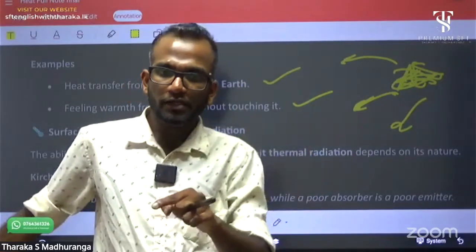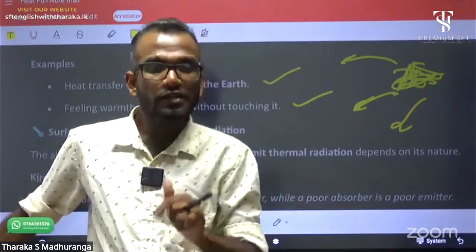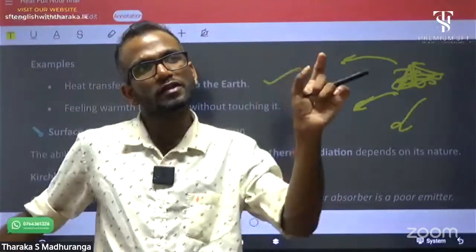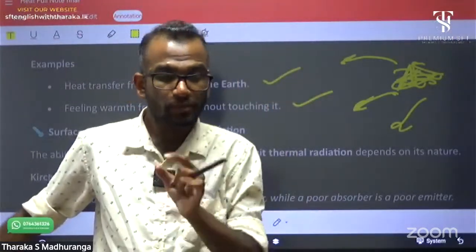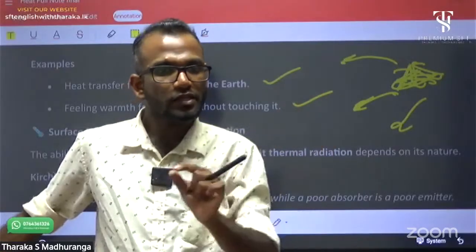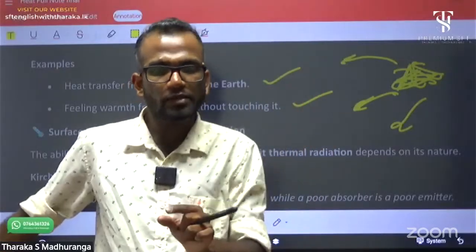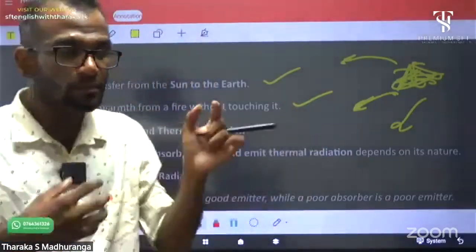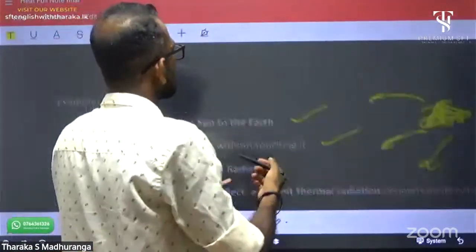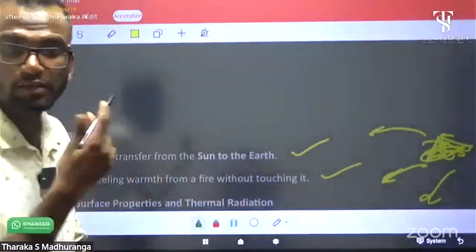Normal earth temperature without sunlight is minus 18. That's why heat energy transfers from high temperature to low temperature. There should be a considerable temperature difference, a big difference. Otherwise it will not radiate.